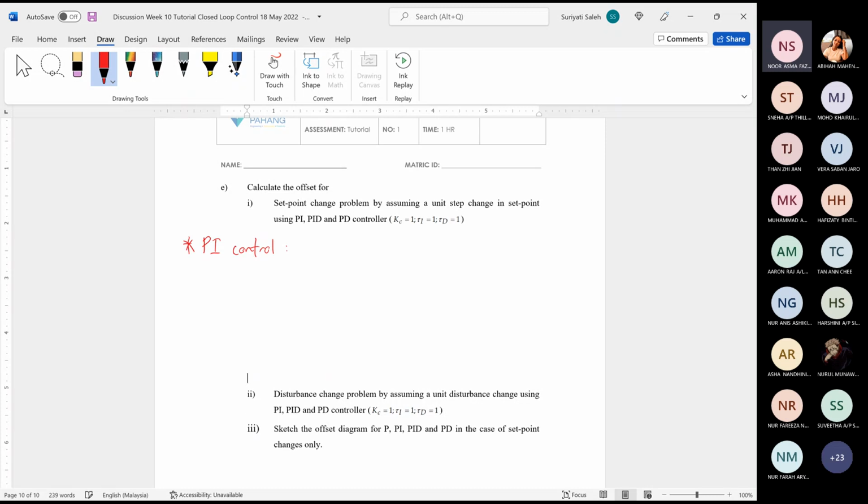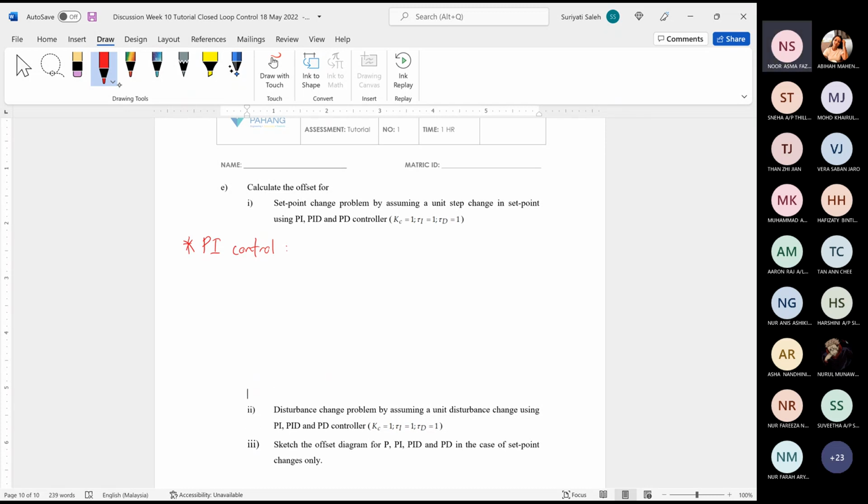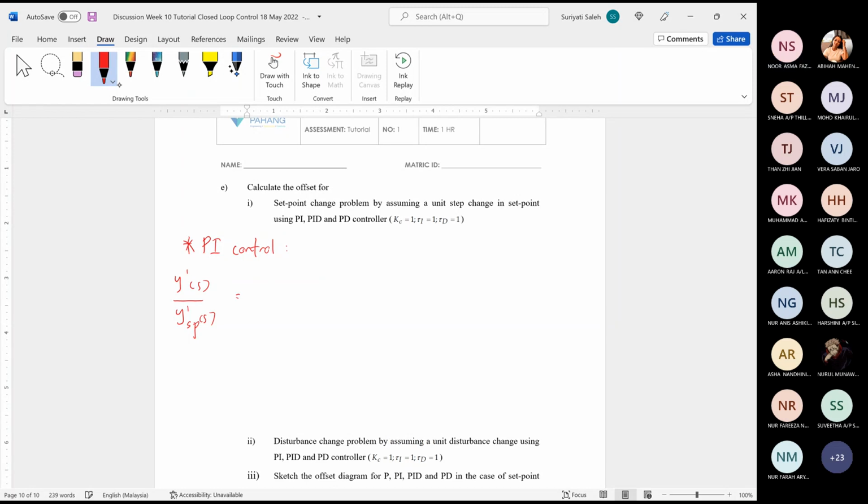So for this part, we have y prime s over y prime SPS equal to Km bar GC GV GP divided by 1 plus GM GC GV and GP.